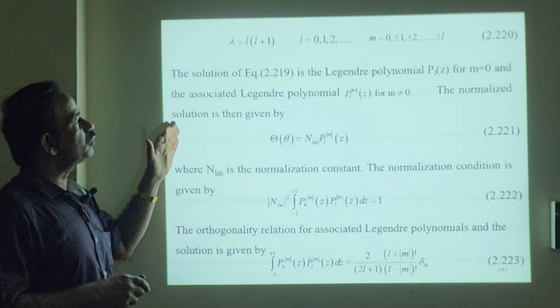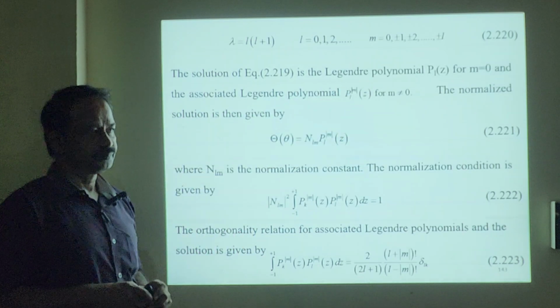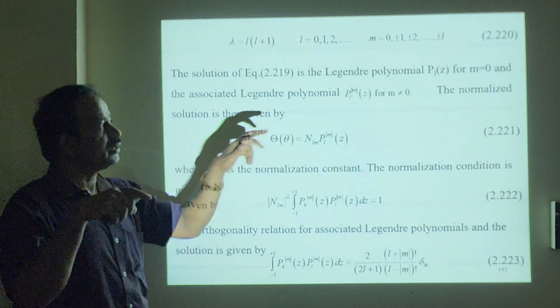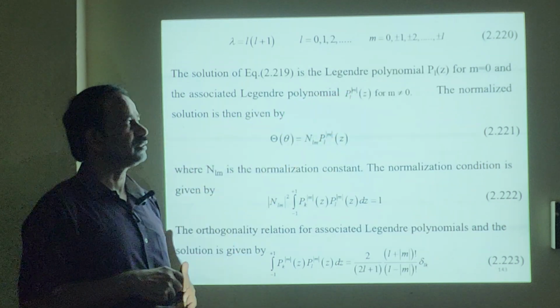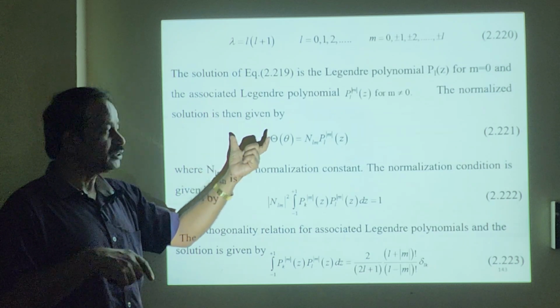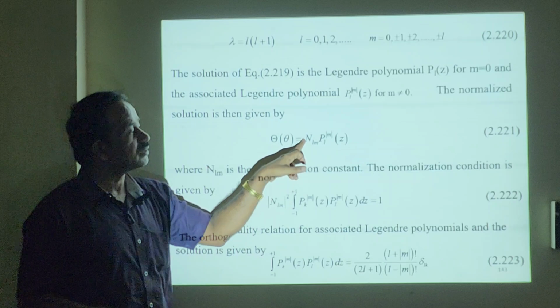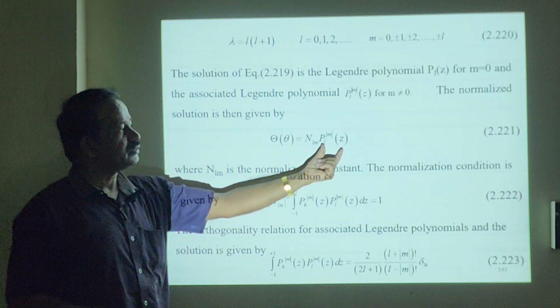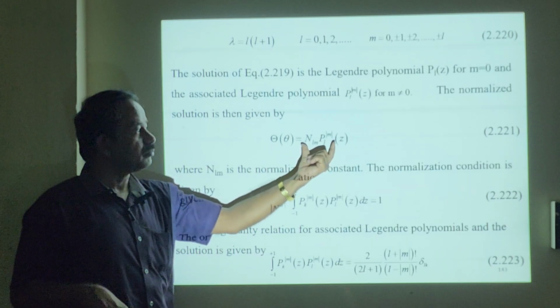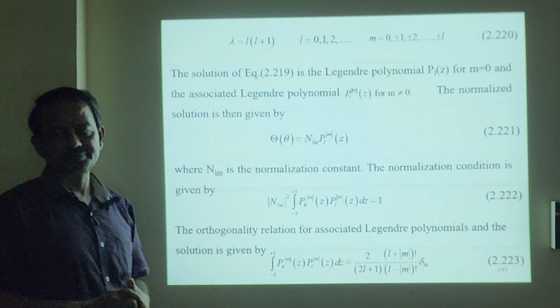For m not equal to 0, the associated Legendre polynomial is given by this factor, PL to the power mod m of z. So the complete solution is given by this with a normalization constant. The normalization constant depends on L and m, and the product of these two will give you the complete theta dependent solution.